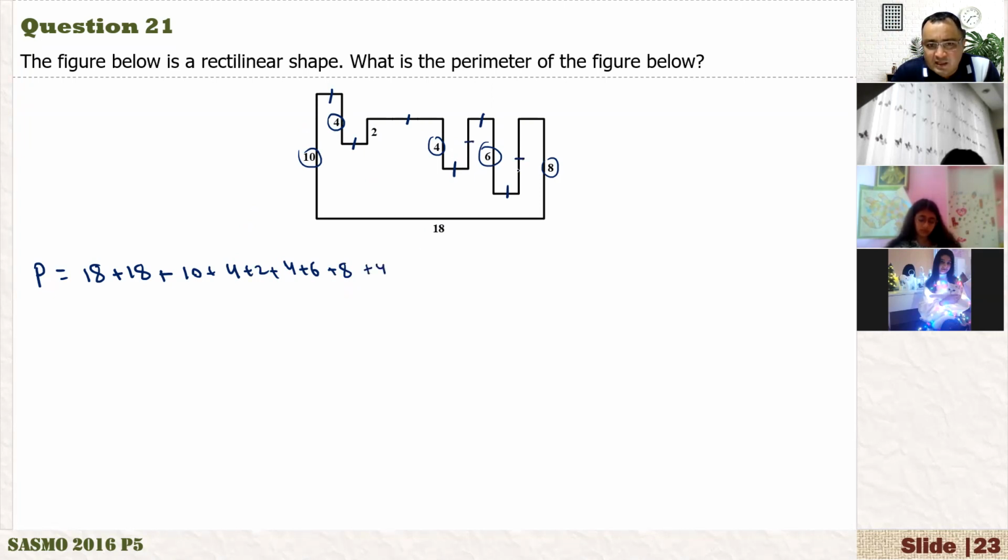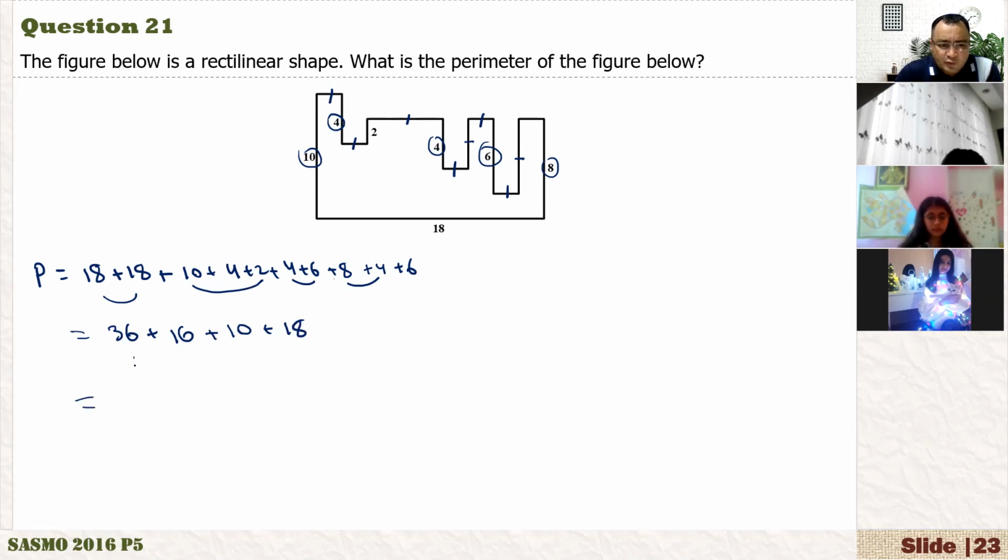And this side is 6, so I need to add 6 one more time. So 18, 18, 36, and 10 for this one, it is 16, and this is 10, and this one is 12, 18, which is equal to 52, and this one is 70, that's equal to 80.